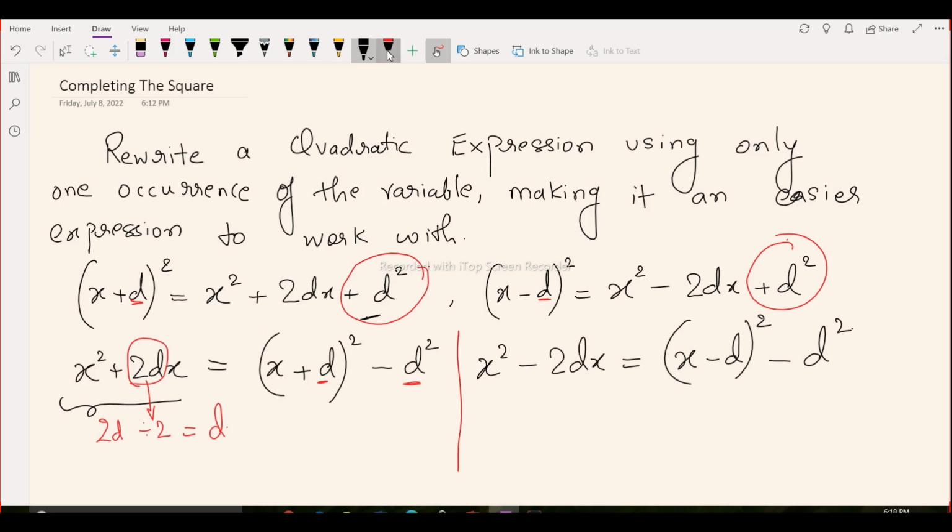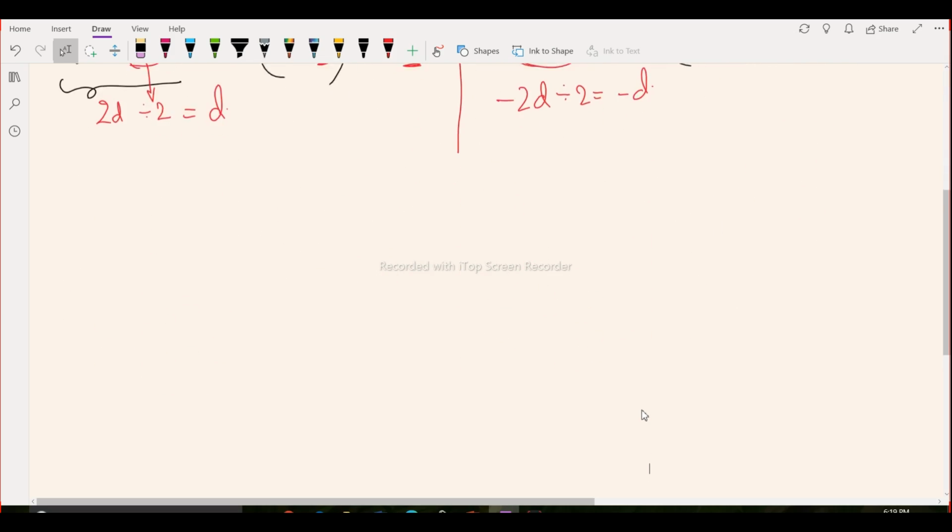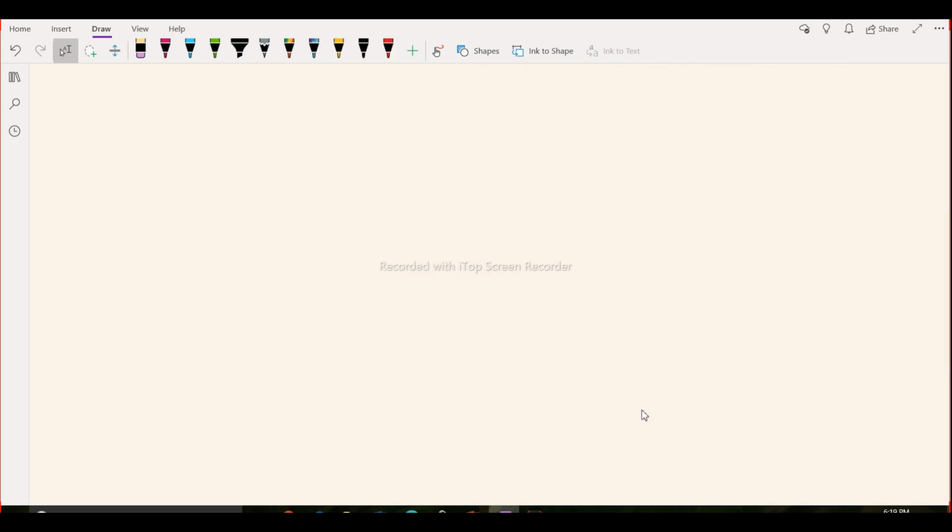So again, the concept is that you have the coefficient of x. In this case, it is minus 2d, however, when you divide by 2, you get minus d, and when you square it, you get d square. So this is the concept for completing the square. Let's do a few questions based on this concept.